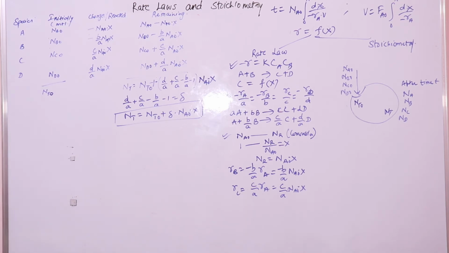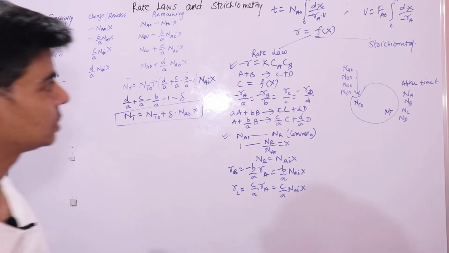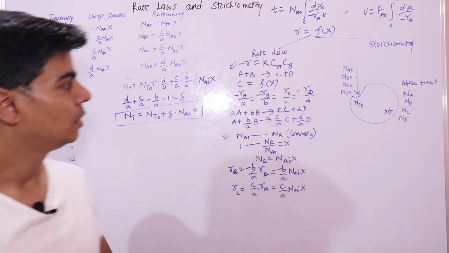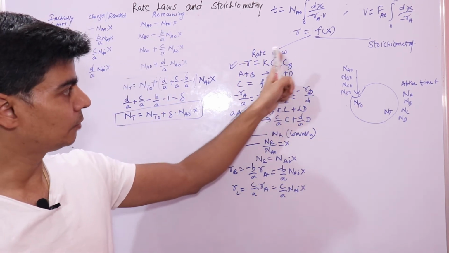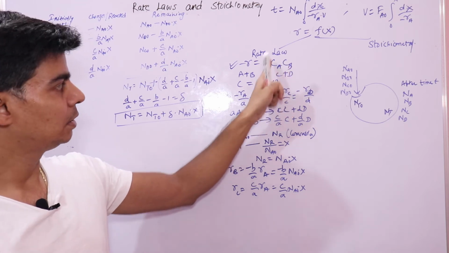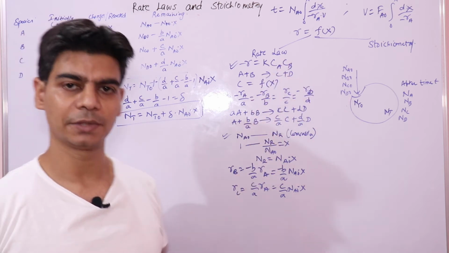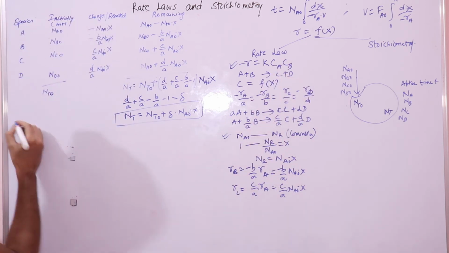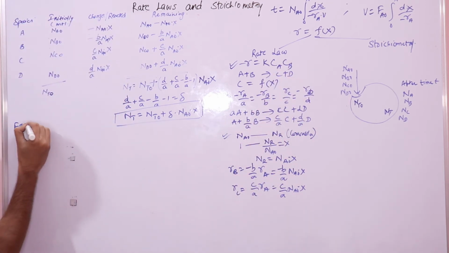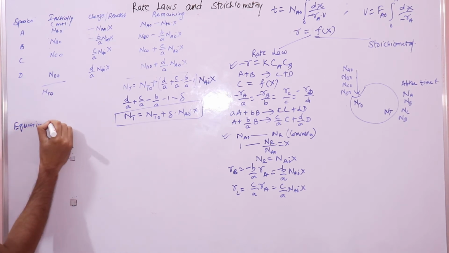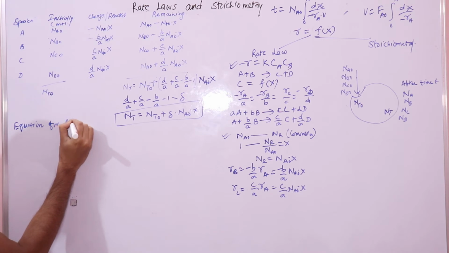Now what we will do is write equations for batch concentrations, because if you remember, the rate law we know in terms of concentration. Now we have to first calculate this concentration. We have to derive equations for concentrations.